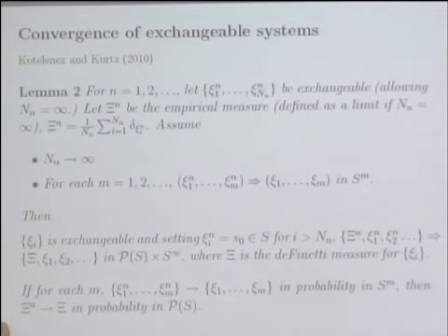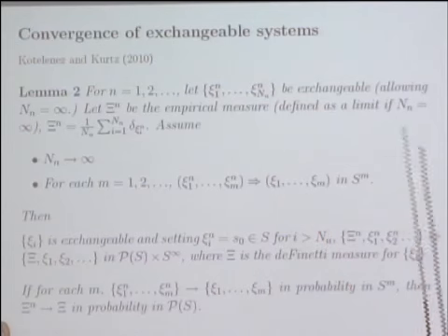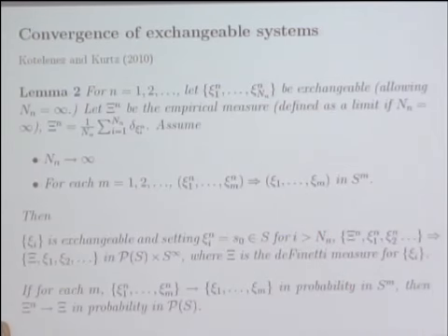Now, that doesn't look very hard. It isn't very hard. But let me just point out in passing, there is at least some content here, because if I replace the exchangeability assumption by stationarity, the lemma would no longer be true.